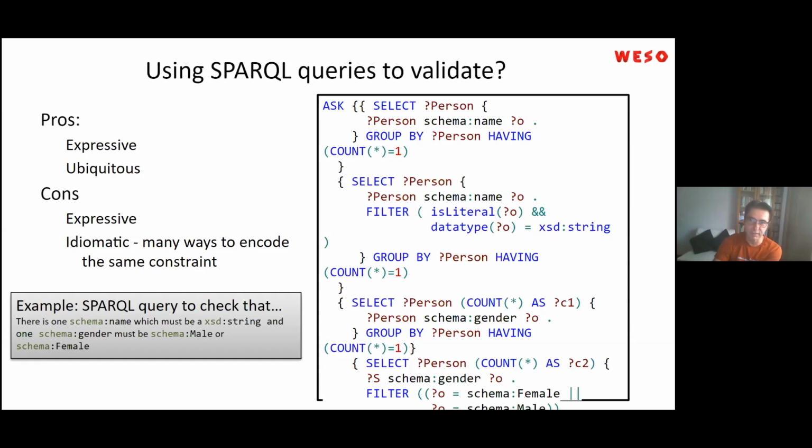With ShEx, you are describing what the data is, and then you can use that to validate. But with SHACL, you are saying what is the data that you don't want. You say, I want to put some constraints on the data, and I don't want, for example, a user to have a name which is an integer. So that's a constraint.